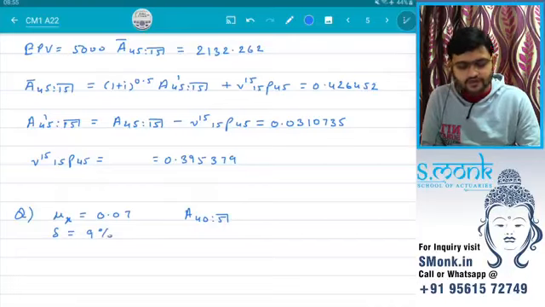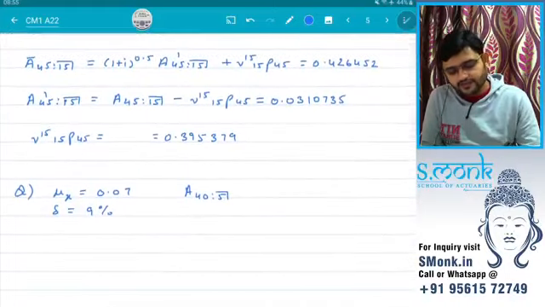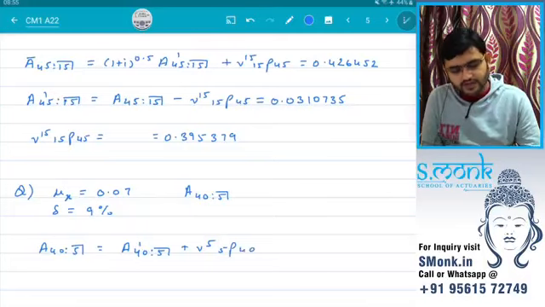So we have a constant force of mortality and we have delta given to us. If I want to find A45, first of all, A45 must be equal to A40 dash 5 plus V raised to 5, 5p40, right?